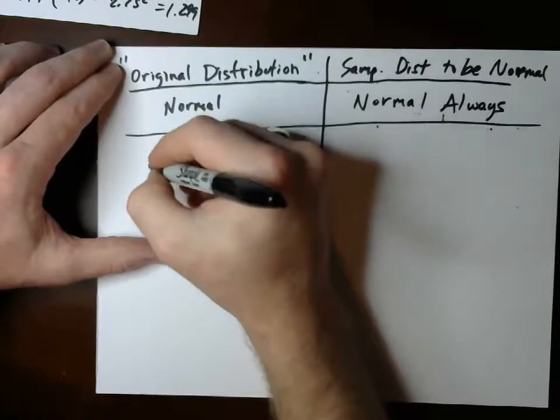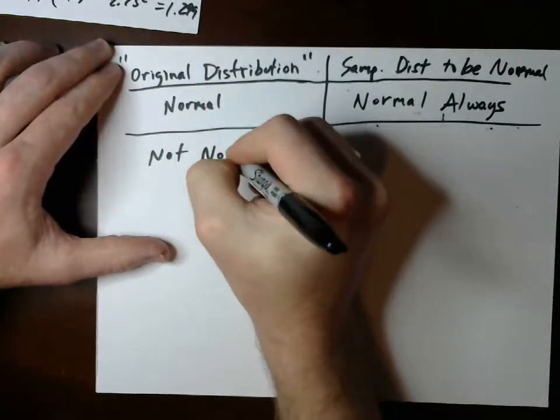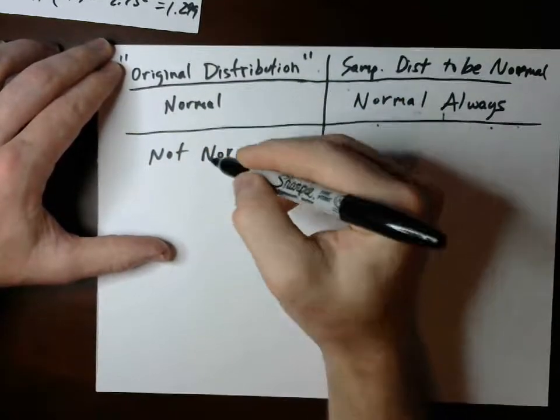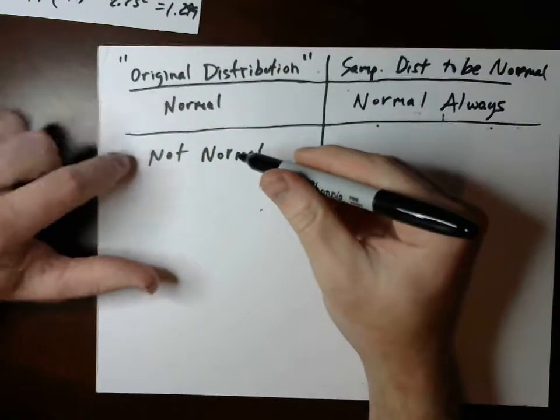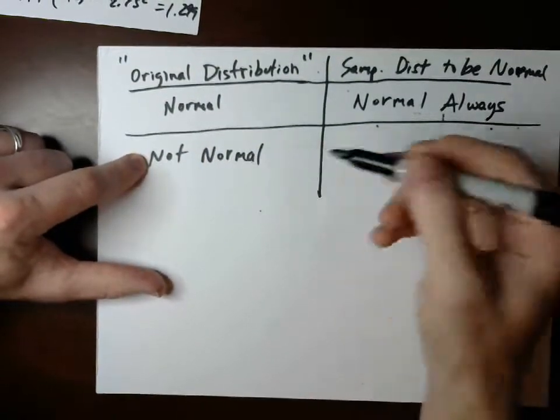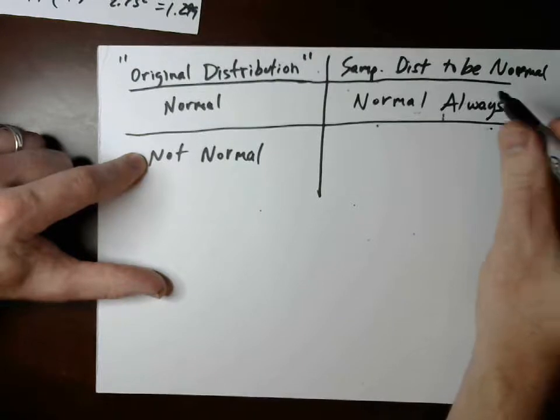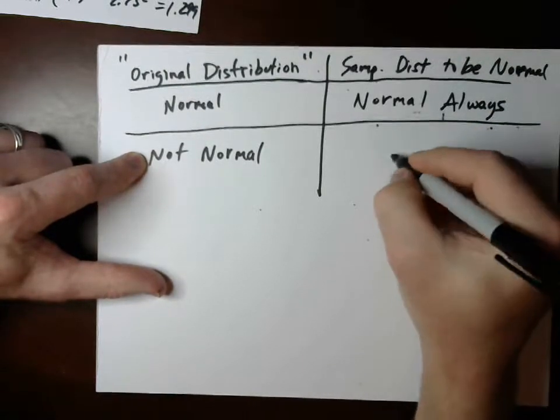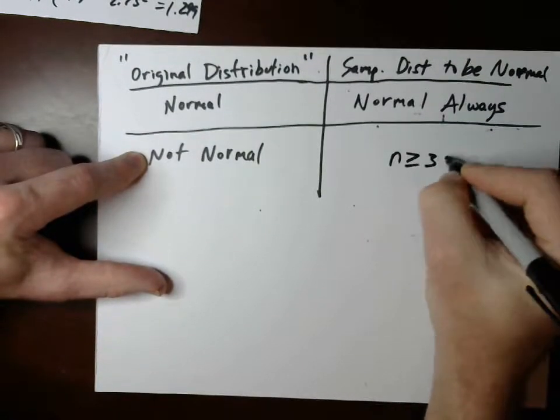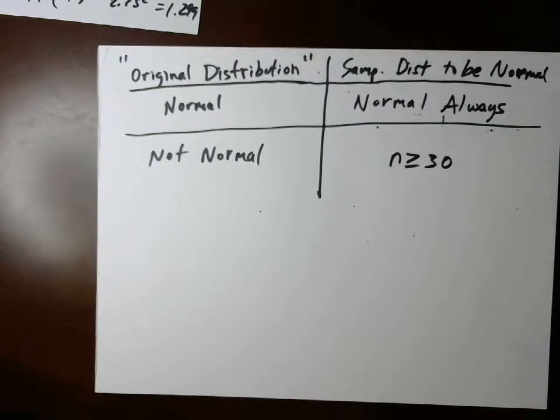Now, if it is not normal, we just break it into two categories, normal and not normal, for the original distribution. If the original distribution is not normal, then for the sampling distribution to be normal, we must have n greater than or equal to 30. Okay, that's what we've just determined with these two examples.